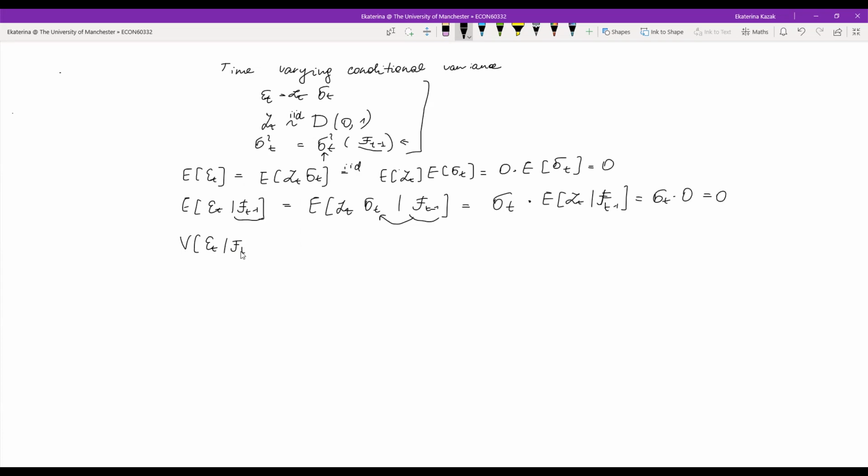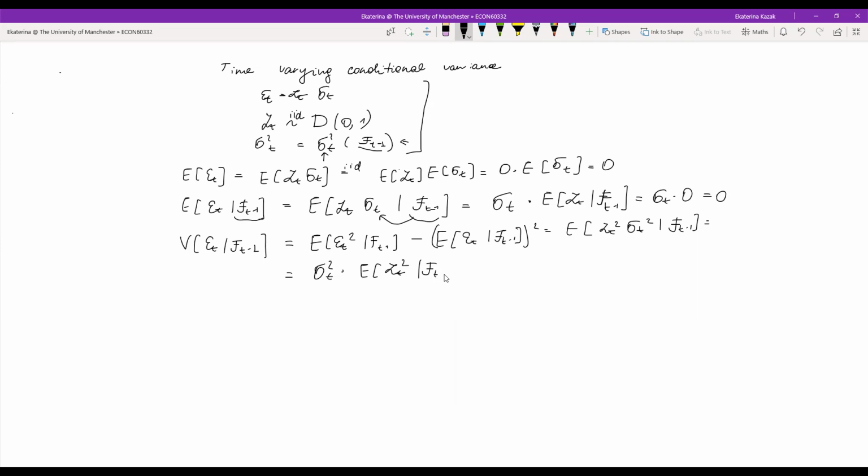Now we look at the conditional variance of epsilon t. It is given by the expected value of epsilon t squared given F_{t-1} minus the squared expectation. The conditional expectation, as we just showed, is equal to 0, so we are left with the expected value of z_t squared times sigma squared t given F_{t-1}. And again, as we assume that sigma squared t is determined by F_{t-1}, the information set available up until t-1, we have sigma squared t times the expected value of z_t squared given F_{t-1}.